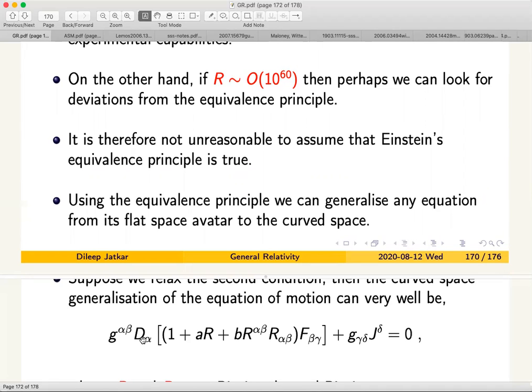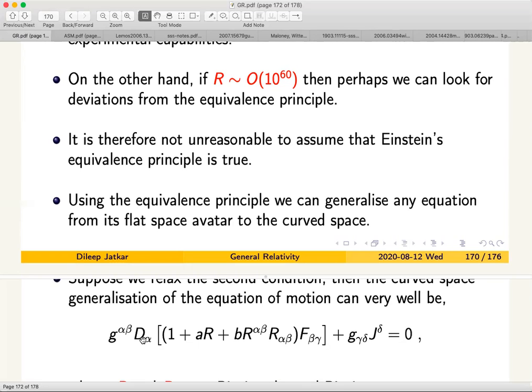Now, the covariant derivative has been defined by demanding that when you take a derivative of a tensor, you get a tensor out of that. As long as you write down a covariant derivative which does this, and if you don't respect any specific equivalence principle, then you could add terms to the covariant derivative, which would allow you to write down the expression.